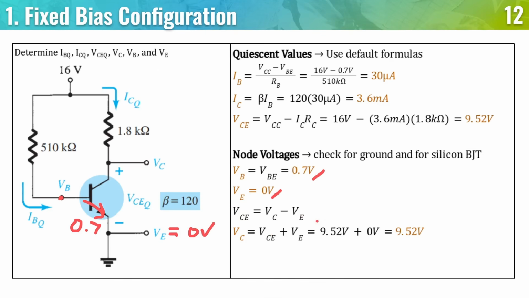And lastly, for VC, we just have VCE plus VE. So if VCE has already been solved earlier, and VE is 0, then that means VC is simply 9.52 volts. So VCE is equal to VC.